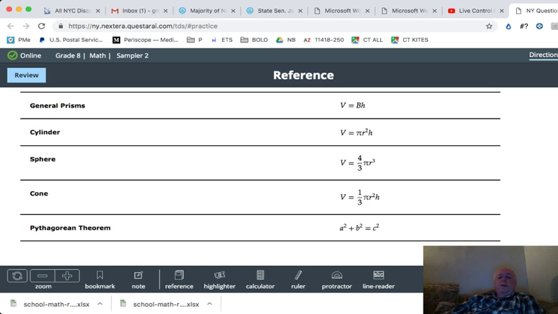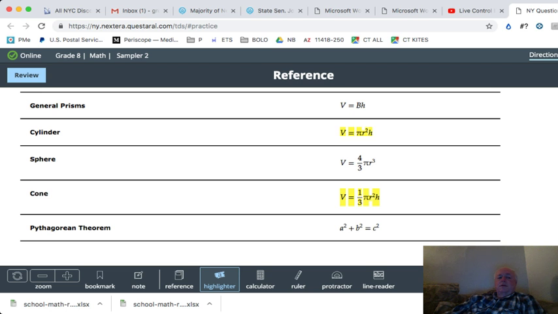So a cylinder is this here. Let's get the highlighter out. Is pi r squared h, and a cone is 1/3 pi r squared h.